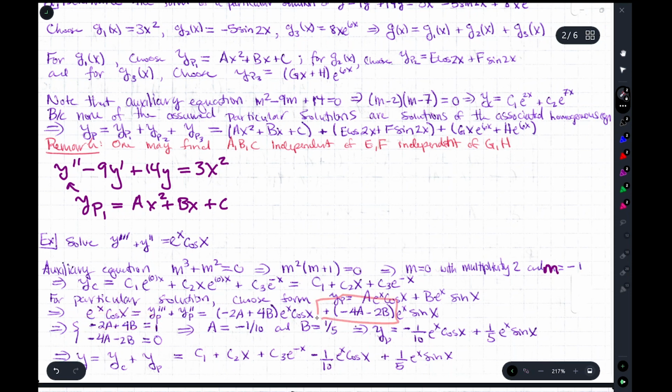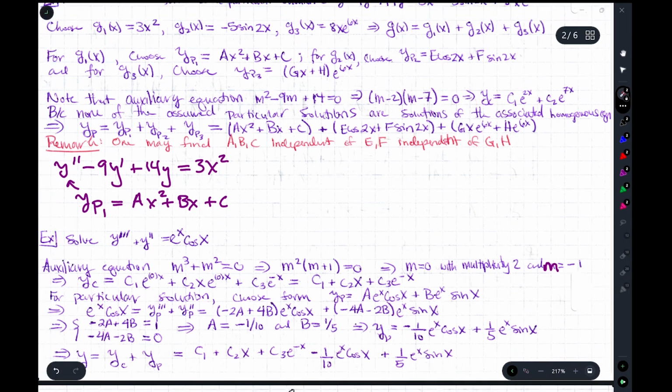And this term here, well, there is no e to the x sine x on the left, and so that's a 0, okay? And so we have that relation there. Solving for a and b, we get this, and our particular solution is then this. And so our general solution is the complementary function plus a particular solution, and so we get this general solution there.